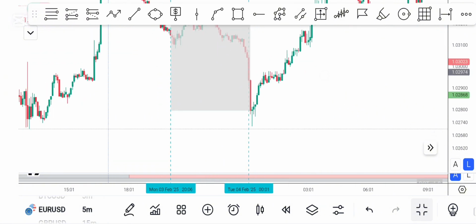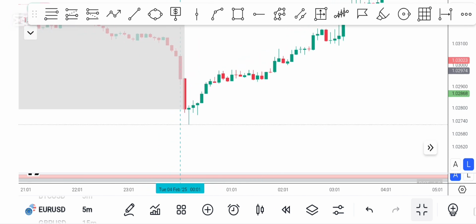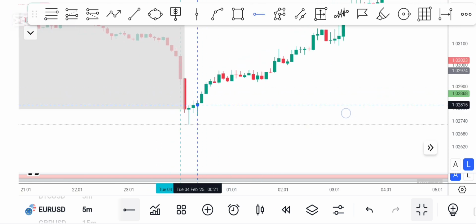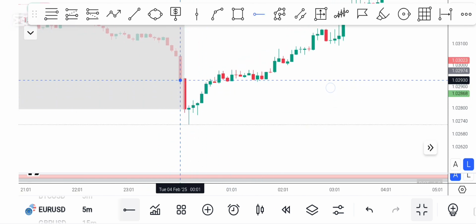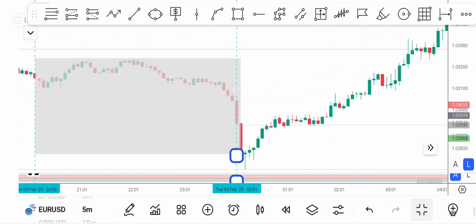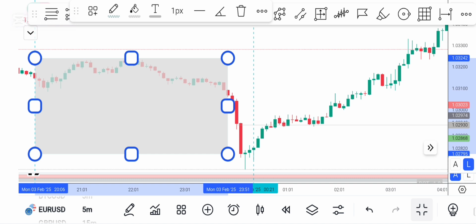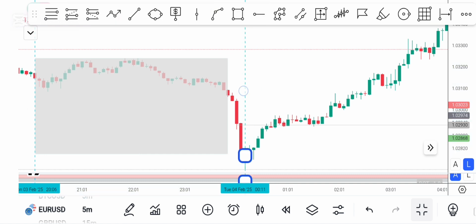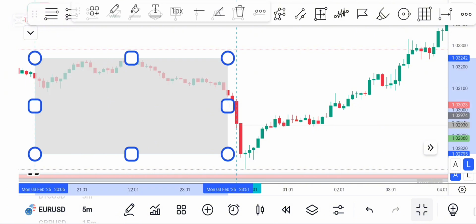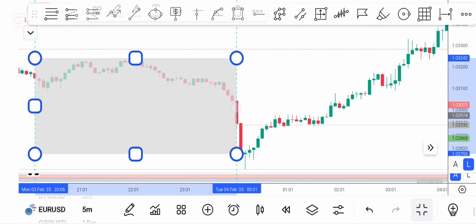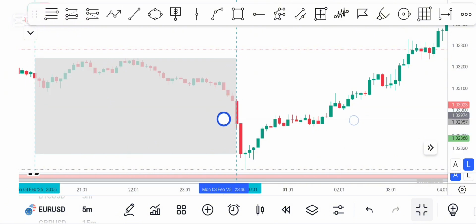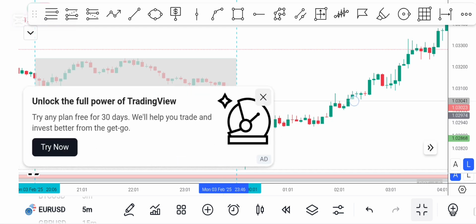And then where's the midnight opening price? Here it is, right here. I hope this is correct. So while you are learning, you have to be able to do these things. Okay, yeah, this is the midnight opening price right here.